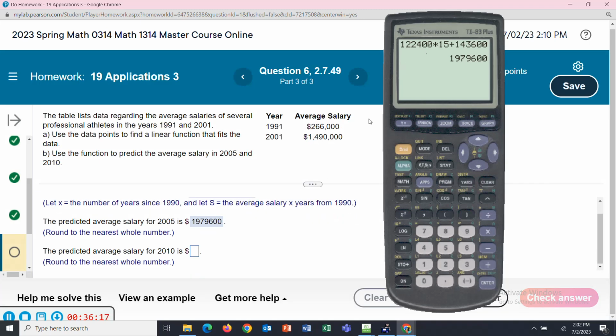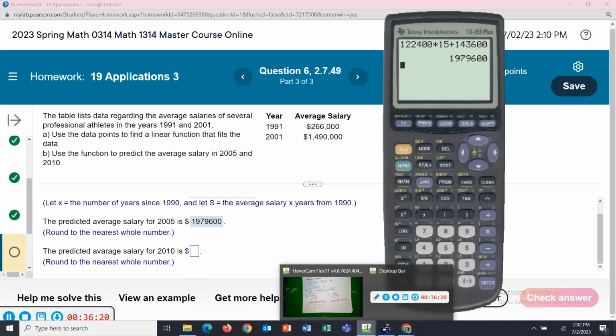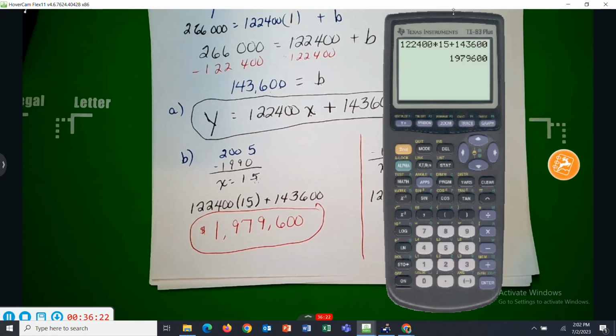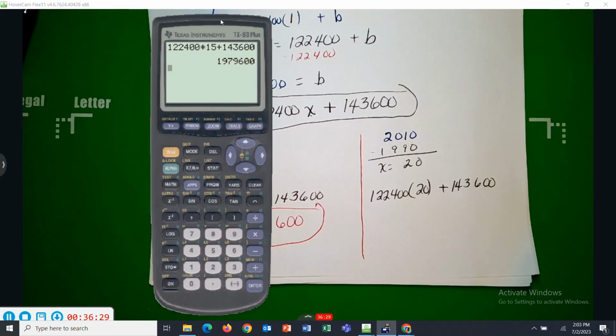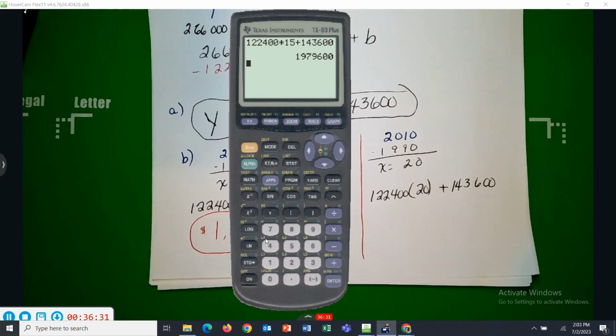And now we'll do it for 2010. Let me move my calculator over here. Oh, I'll just put it right there because we are going to clear that out. Now I'm typing in this stuff. 122,400 times 20 plus 143,600.